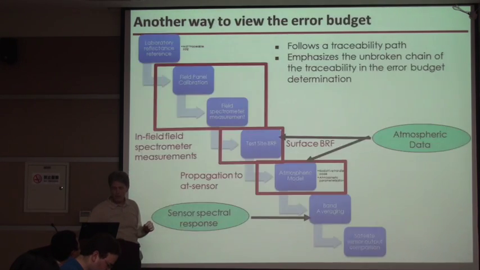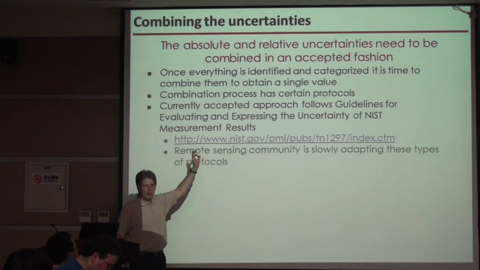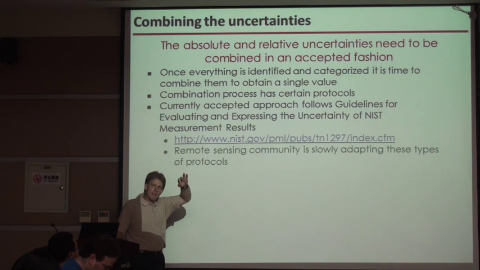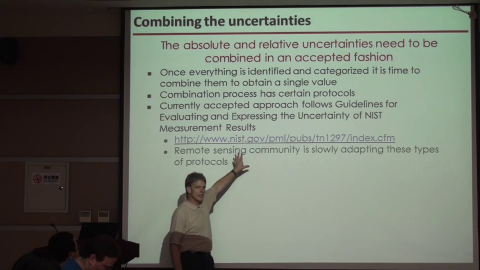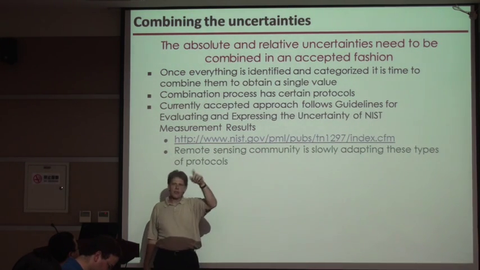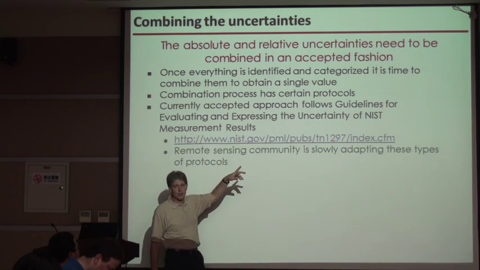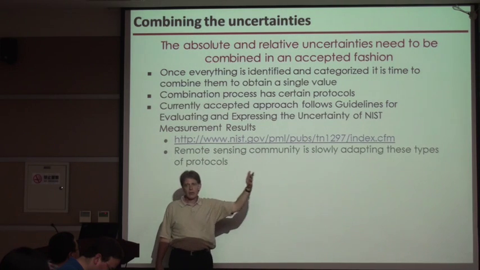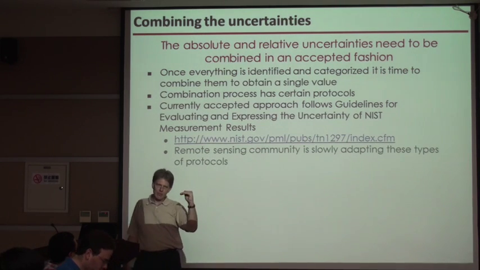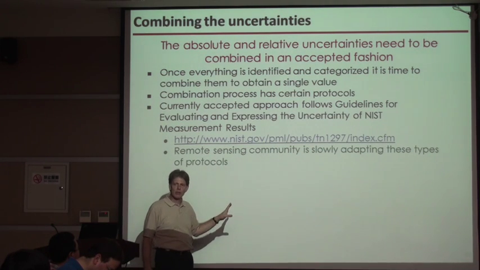And I have come across a group on a project where they refuse to accept the GUM, and that's fine, because what they have opted to use are the terms systematic and random. And the GUM really does not allow you to look at that carefully. What it does is allow you to look at the statistical fluctuations of a systematic effect and the statistical fluctuations of a random effect, but the actual systematic bias that you would get if you were off in calibration is not truly covered in this document.